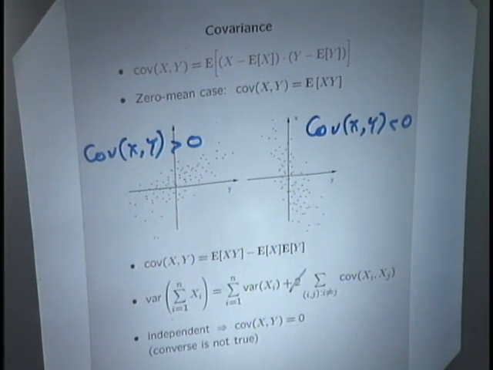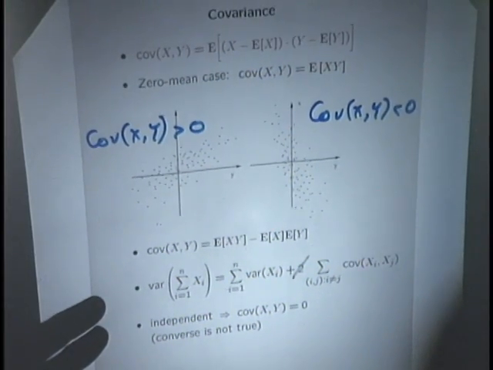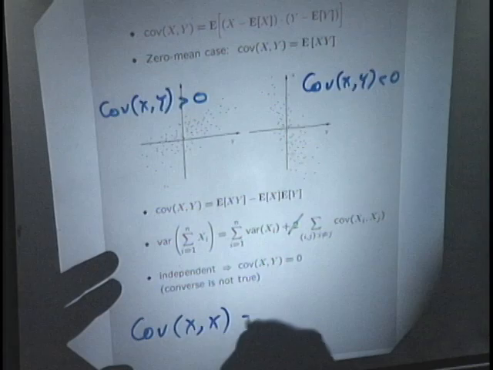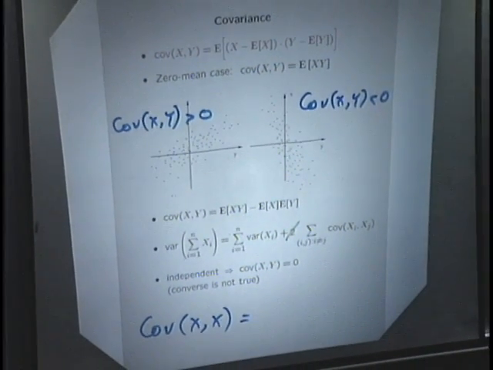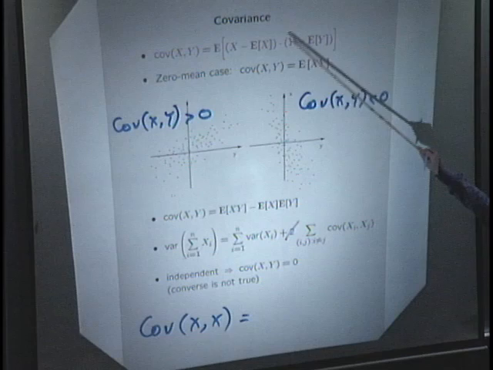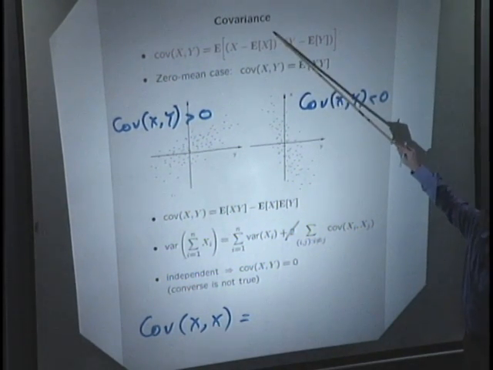Okay. So what else is there to say about the covariance? One observation to make is the following. What's the covariance of x with x itself? If you plug in x here, you see that what we have is expected value of x minus expected value of x, squared.